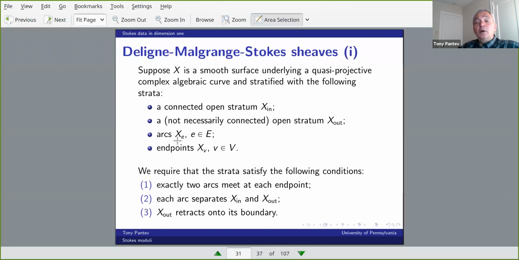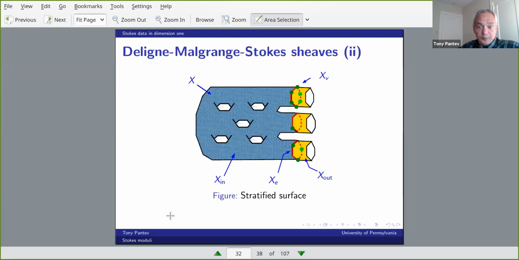Then there will be one-dimensional strata, which will be arcs, labeled by e in E. And there will be endpoints of the one-dimensional strata, zero-dimensional strata, which will be vertices x_v. The stratification should satisfy the following conditions. Two arcs meet at each point. Each arc separates the inner and the outer open strata, and the outer open stratum retracts onto the boundary of our surface.